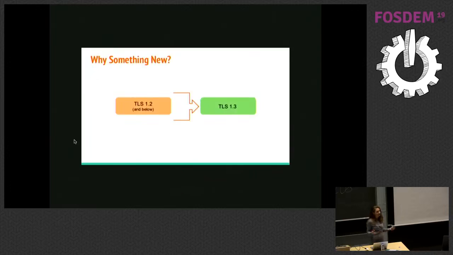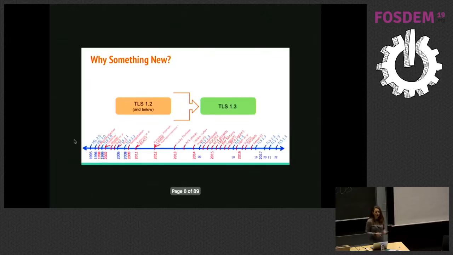So we're moving from TLS 1.2 and below to TLS 1.3, but why? So firstly, this happened, where red means an attack against TLS. So weaknesses in TLS 1.2 and below really meant that we had to start thinking about a new version of the protocol. Also, QUIC was released. Now, I don't know if you can see the diagram over there, but QUIC was meant as an equivalent for TCP and TLS.